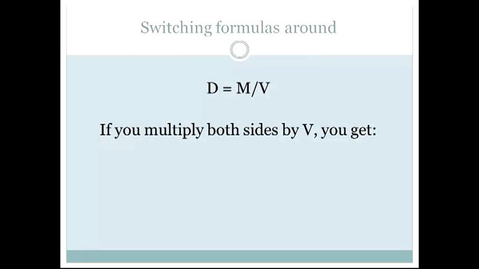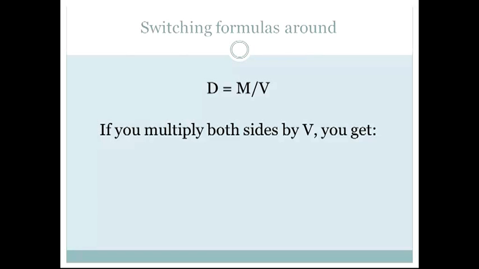And if you multiply M over V by V, then you have a V in the top and a V in the bottom, and anything divided by itself, 2 divided by 2, 3 divided by 3, becomes 1. So the V's cancel out and you're left with M.